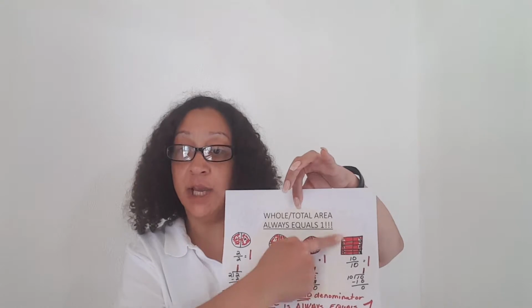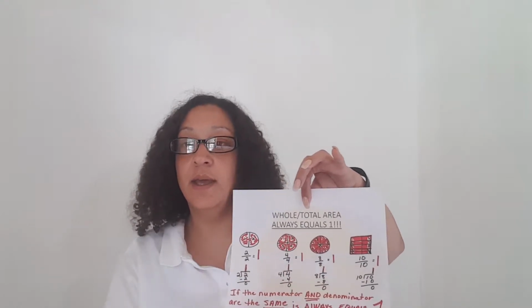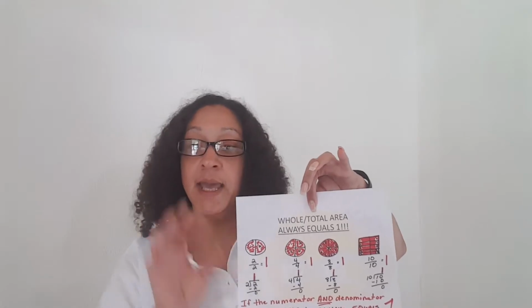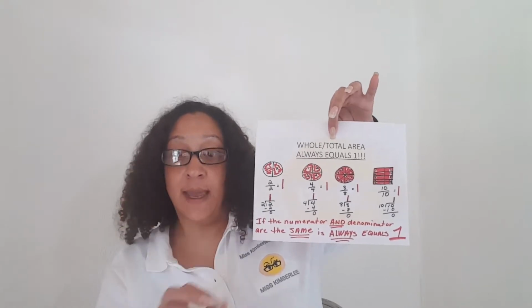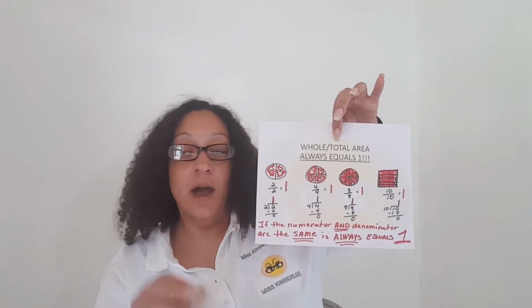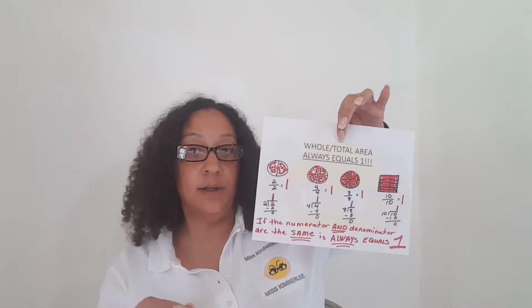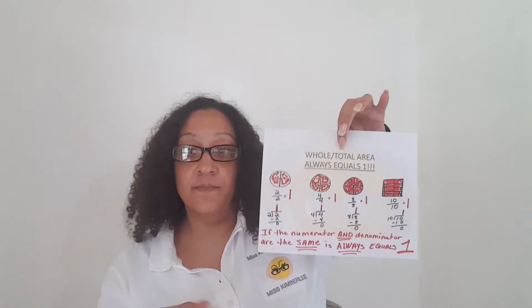Here you have 8 shaded areas and 8 parts. Here you have 10 shaded areas and 10 parts. Each one equals 1. Any numerator and denominator that is the same, they equal 1. 100 over 100, a million over a million, 19 over 19, it always, always, always equals 1.